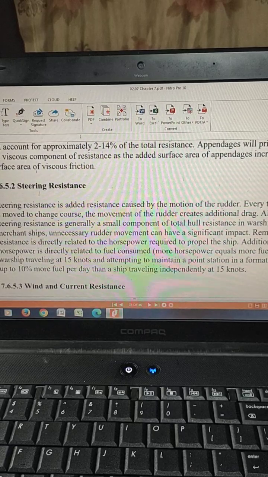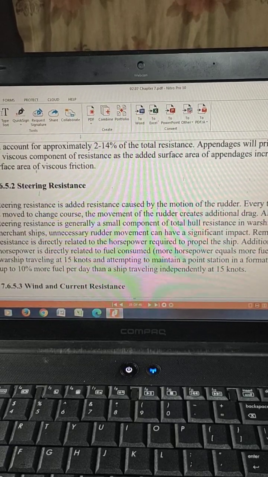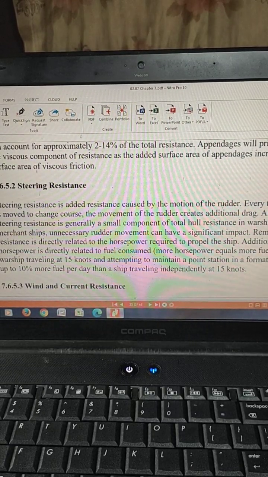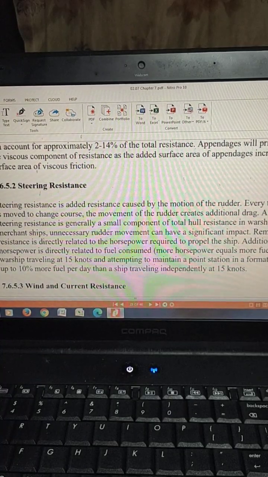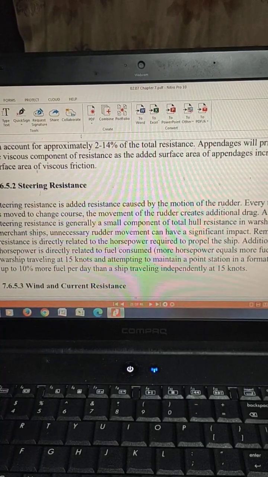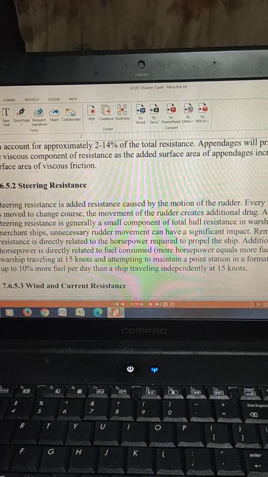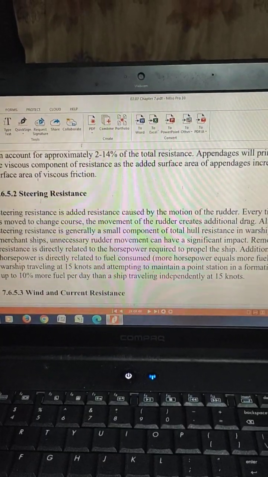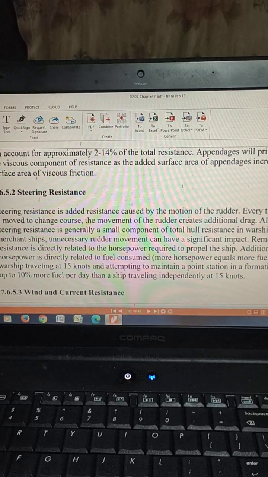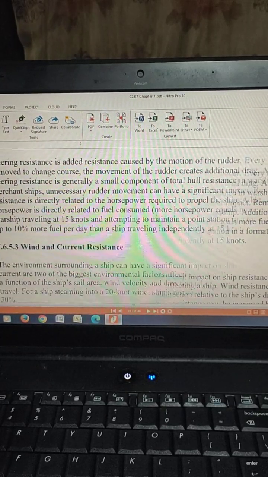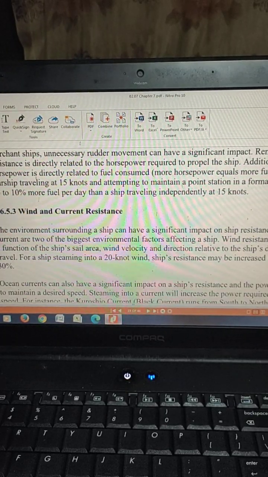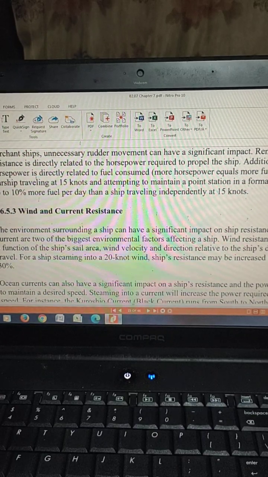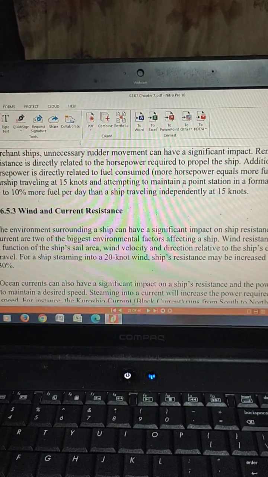So we have the steering. When the ship steers from one direction to another direction, this induces more resistance. Also, we have others like the wind. When the wind is blowing against the ship, that is additional resistance.